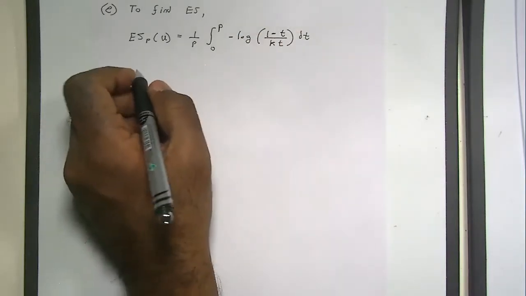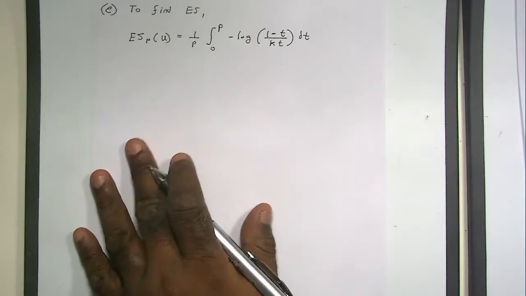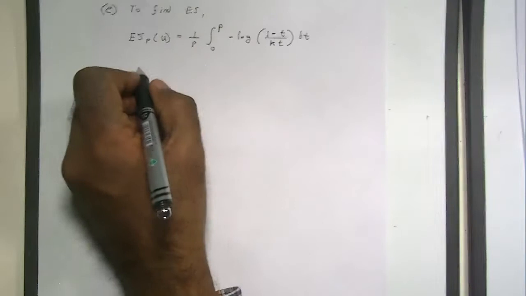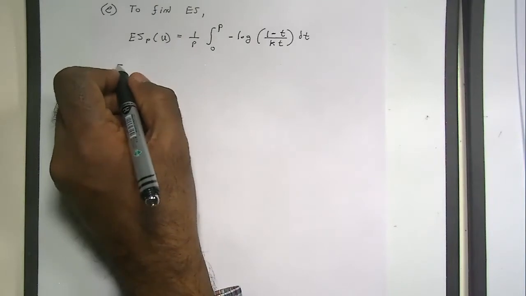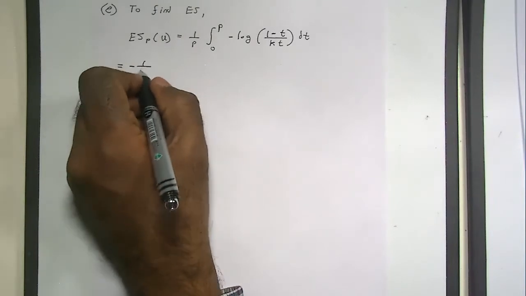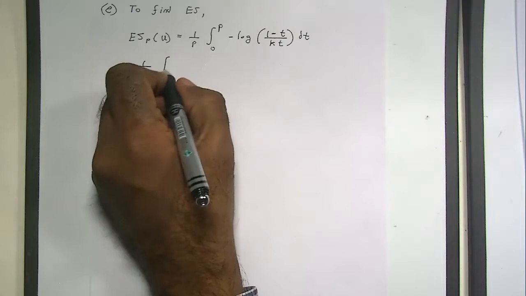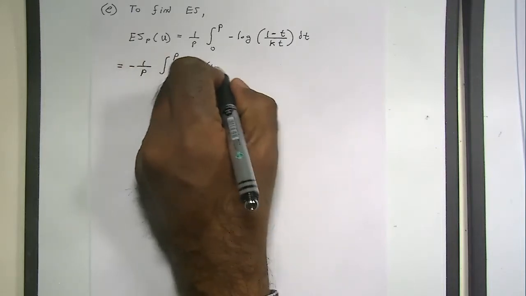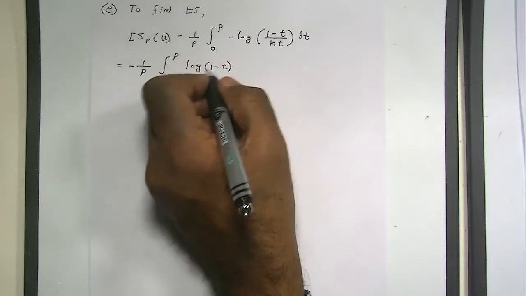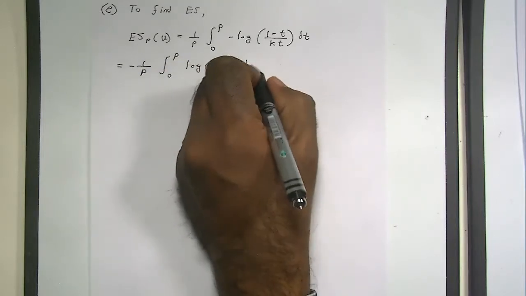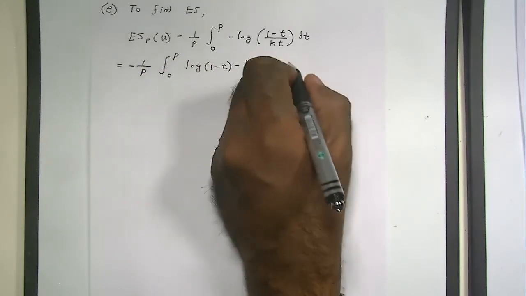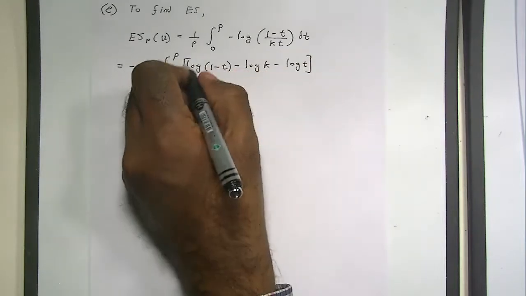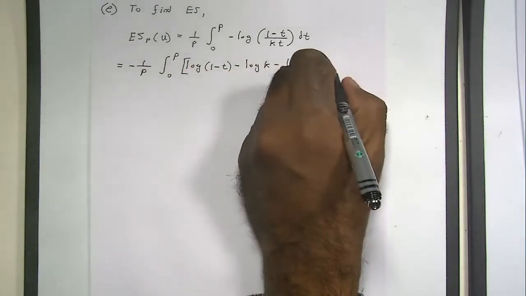Okay guys, so you can pull the minus outside, so this becomes minus 1 over p. Then inside the integral you have log of 1 minus t, minus log of k, minus log of t, dt.